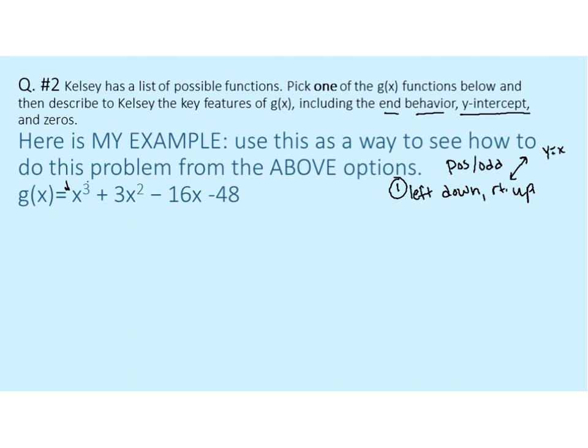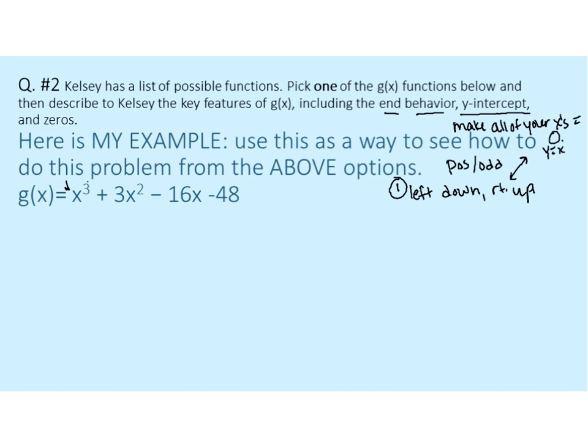Now, y-intercept. When we're doing the y-intercept, what you do is you make all of your x's equal to 0. Please be writing these notes. So that means that I come over here and that's 0 plus 0 minus 0, and that leaves us with this right here.